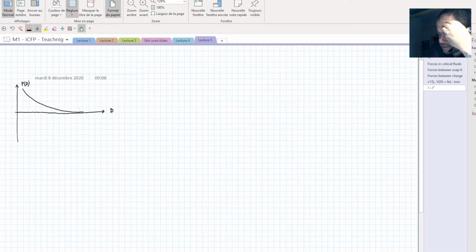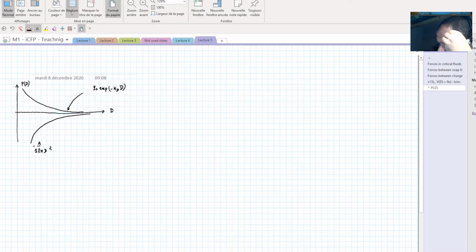One term is the exponential term that we discussed, so the electrostatic term, which is P0 exponential of minus kappa D, and another one, which is minus A divided by 12 pi D square, where here I have shown the case of a positive A.